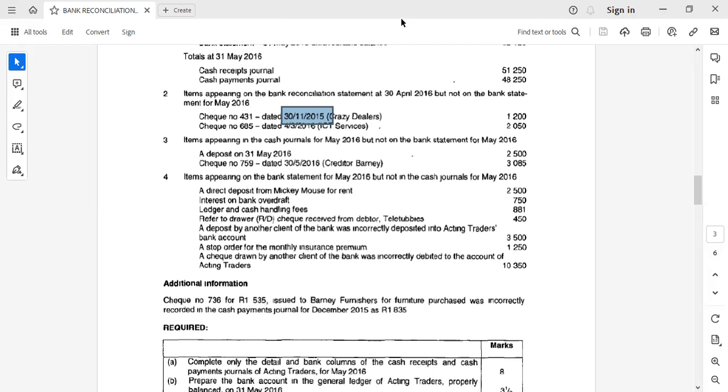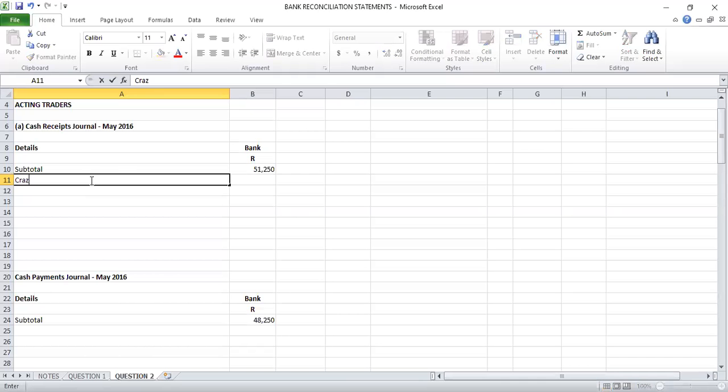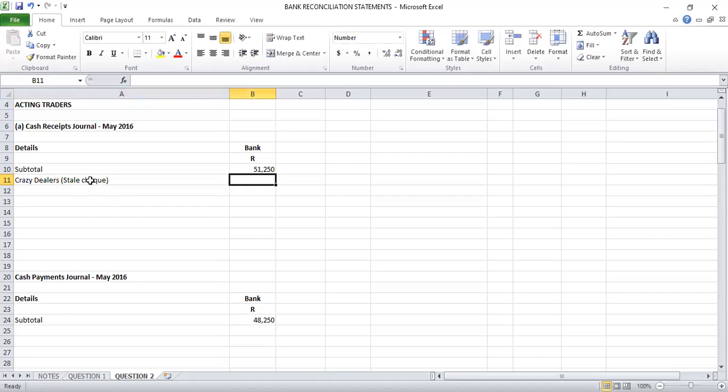So all stale checks are recorded in the cash receipts journal in order to cancel the payment. Then we can just say stale check. That is 1,200. So stale checks are recorded in the cash receipts journal because they will be reversing the payment that had been recorded, since the check is no longer valid.